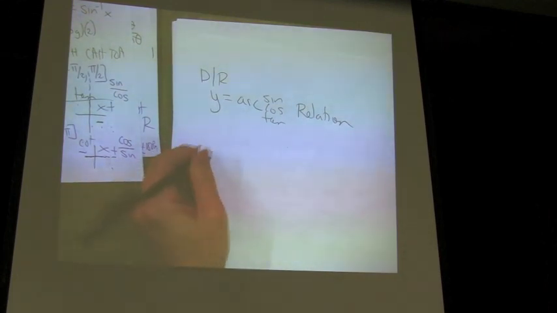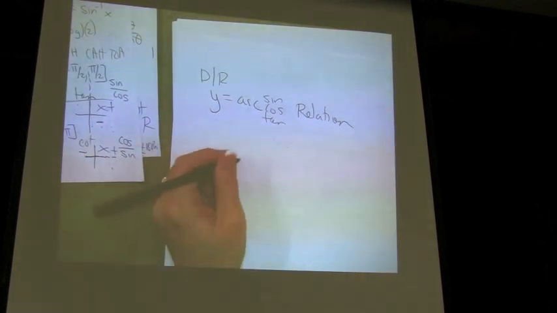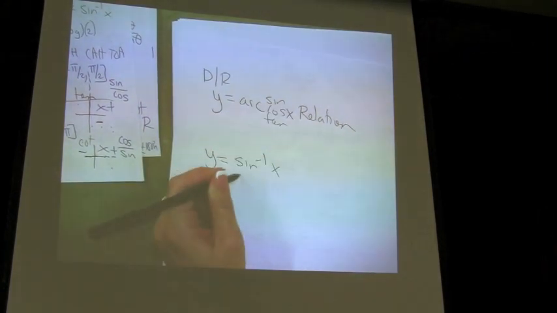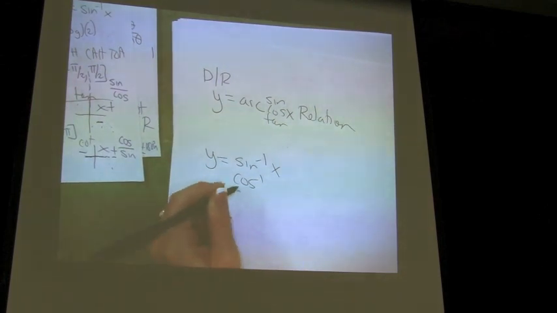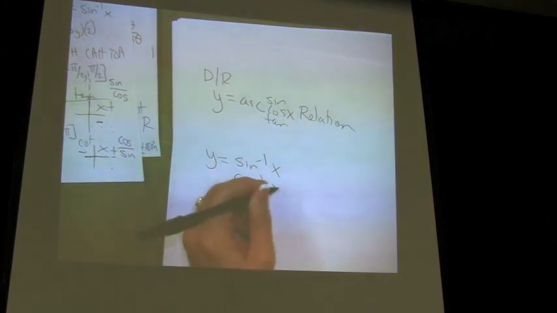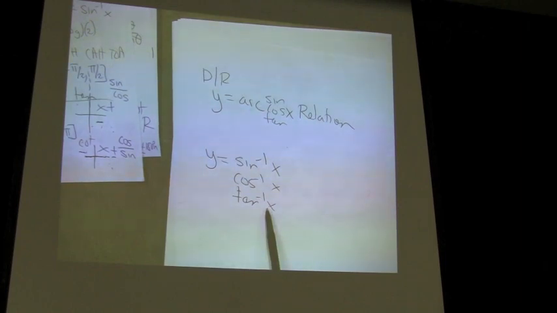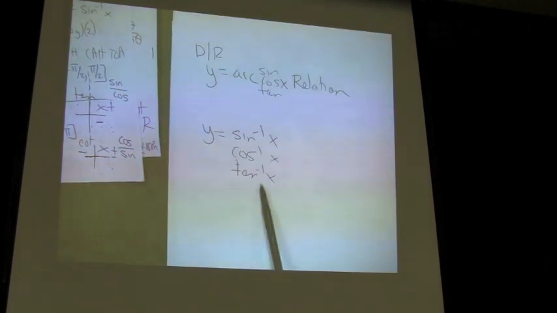But if we ask you to find the domain and the range of inverse sine, or inverse cosine, or inverse tangent, now this is function notation. The implication is that it is a function. Therefore, when you give the domain and range, you would never say all real numbers.